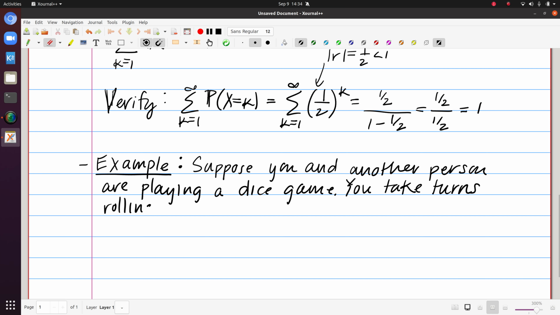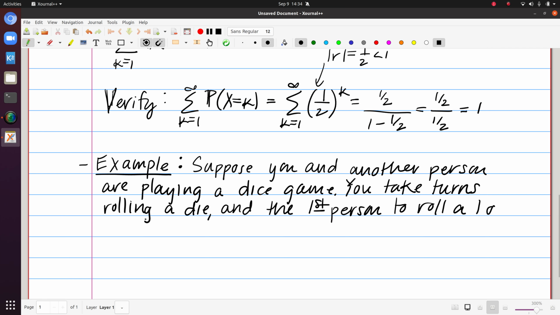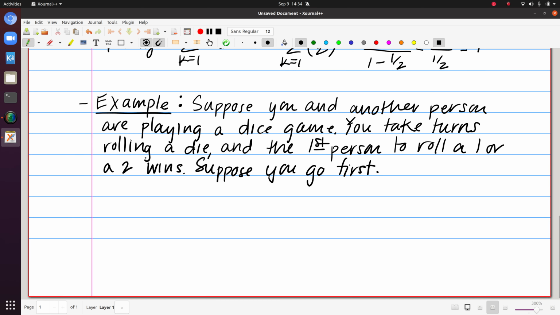We'll assume it's a fair 6-sided die. And the first person to roll a 1 or a 2 wins. We'll suppose that you go first. With this, we can answer a few questions.